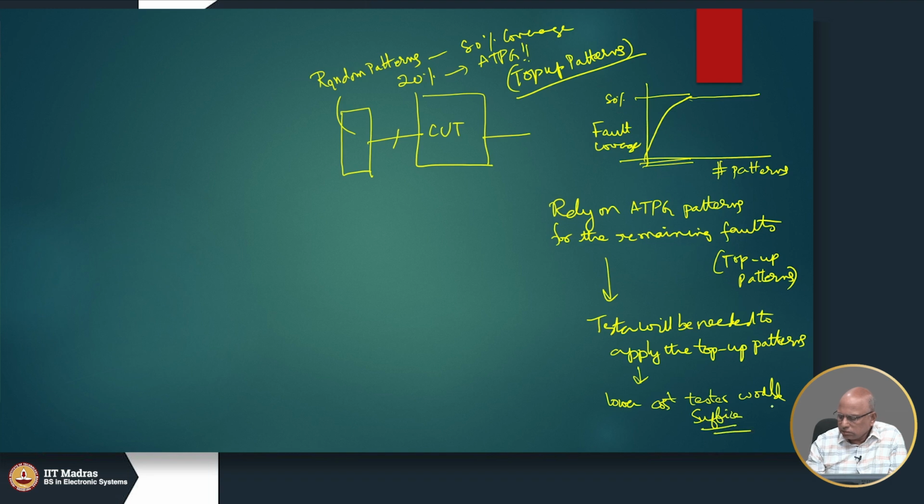So, that is the advantage. But can we reduce the number of top up patterns? The answer to that question is yes. We can try and reduce. Careful design of the CUT, how to reduce top up patterns.